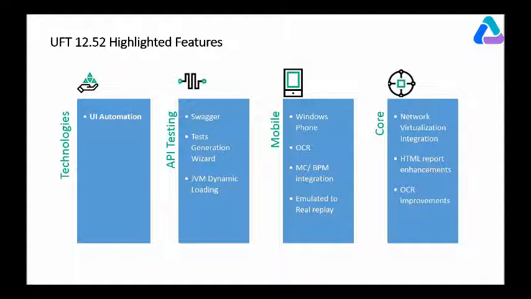This is a very good opportunity for people who are not acquainted with API testing to have a kickstart, something that is already being done for them as a first stage, and then they can edit it, and of course, most preferably, add more content to it and make their tests thicker and more thorough. In the mobile center pillar, we have the newly introduced Windows Phone support.